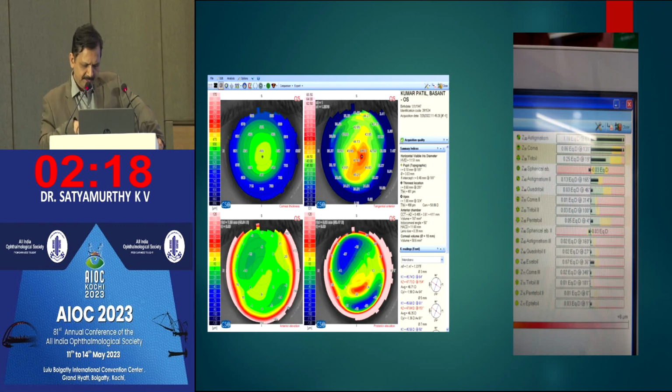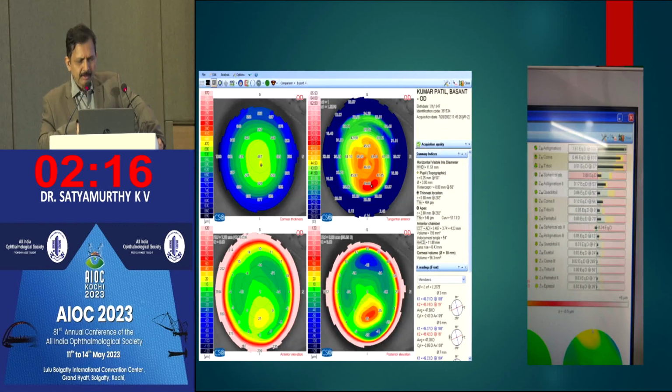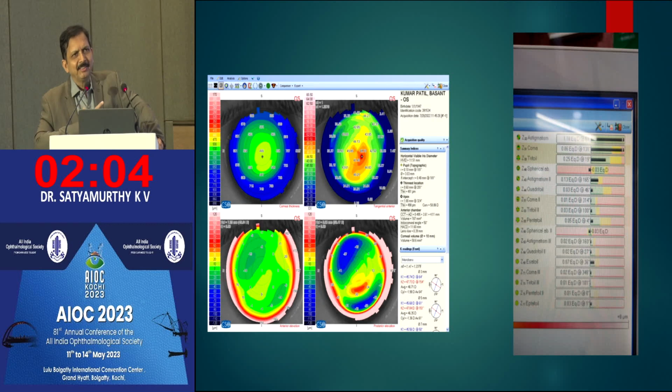If you just look at the higher-order aberrations, they were much more: coma was around 1.6 in one eye, and the other eye was also more. This was explained to the patient, that your cornea is not healthy and it's better not to touch it now because it can lead to other problems also. Finally, the patient settled down with the existing correction.